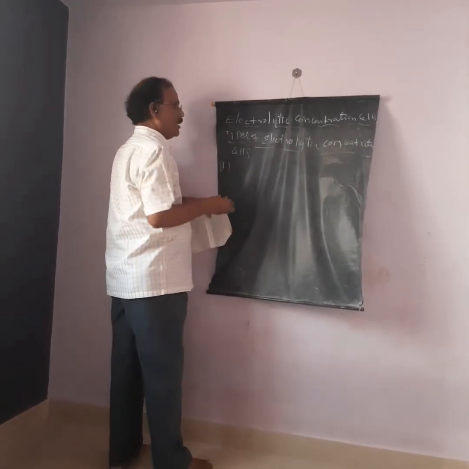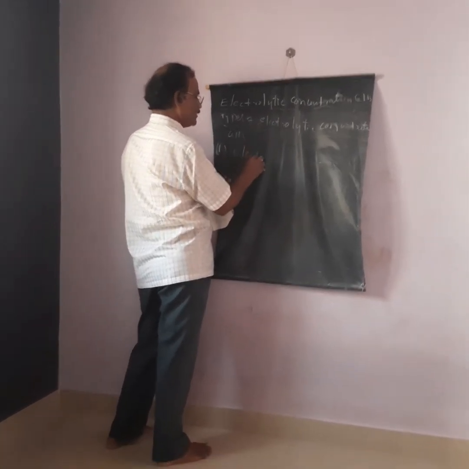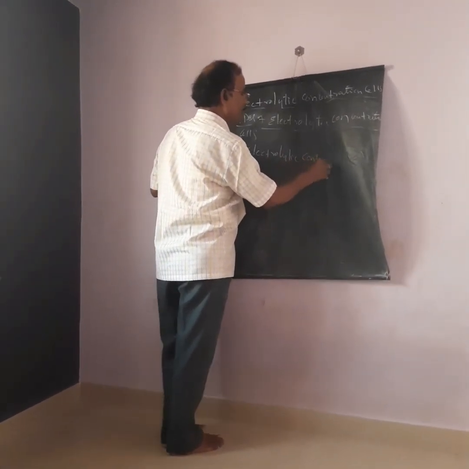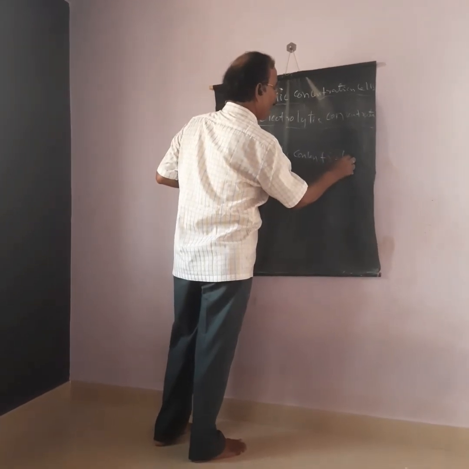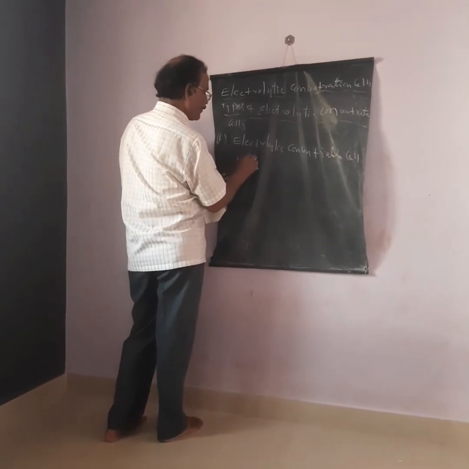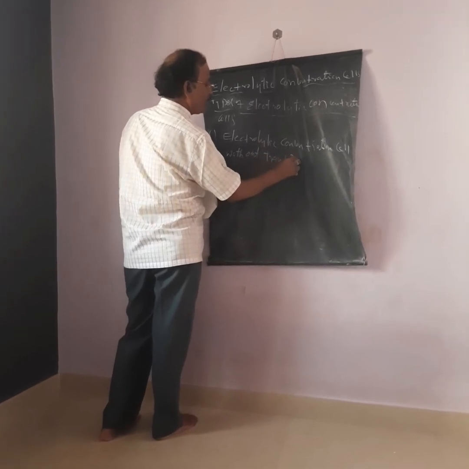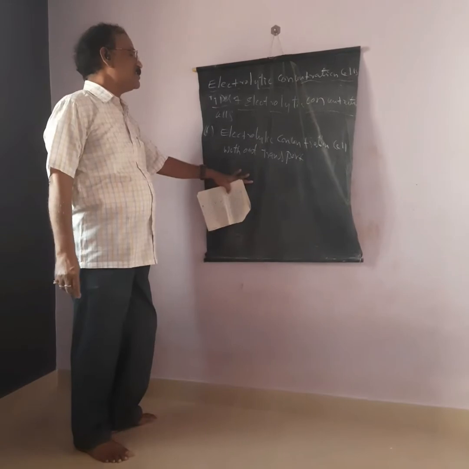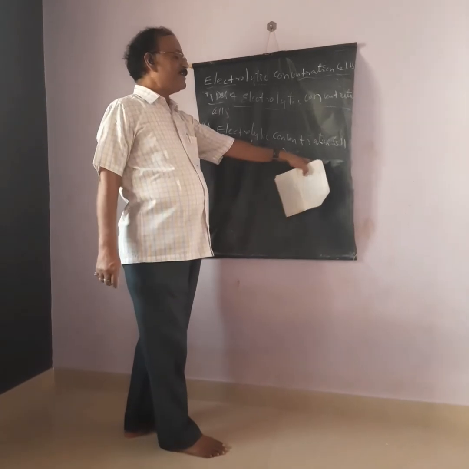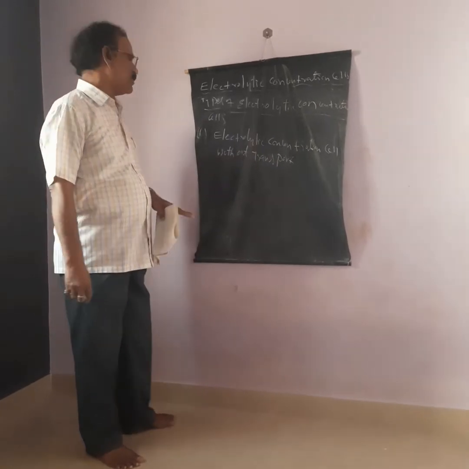First one, electrolytic concentration cell without transport. It is without liquid junction potential. That is also called without transport, or without the liquid junction potential.